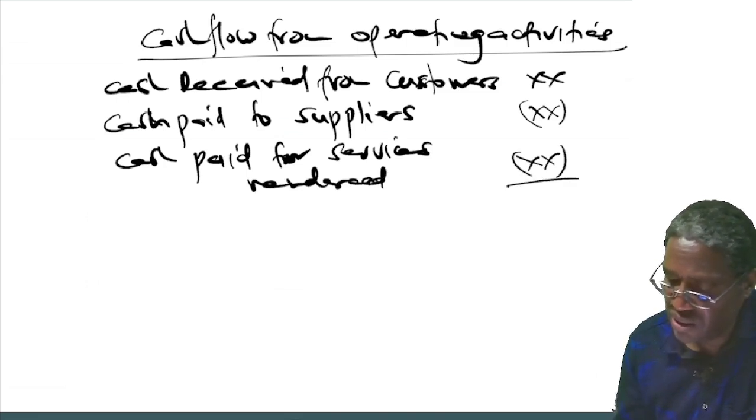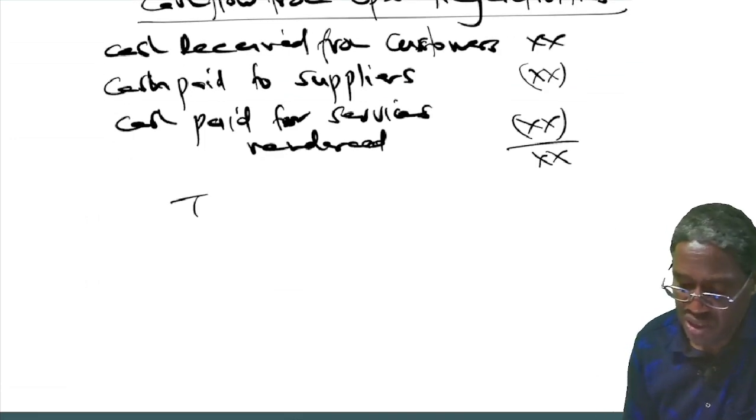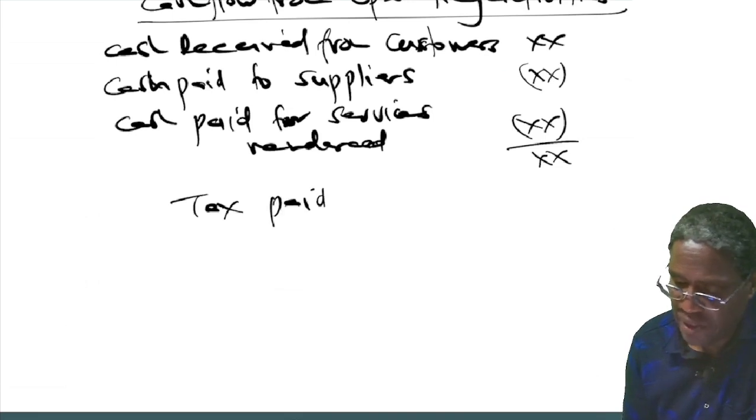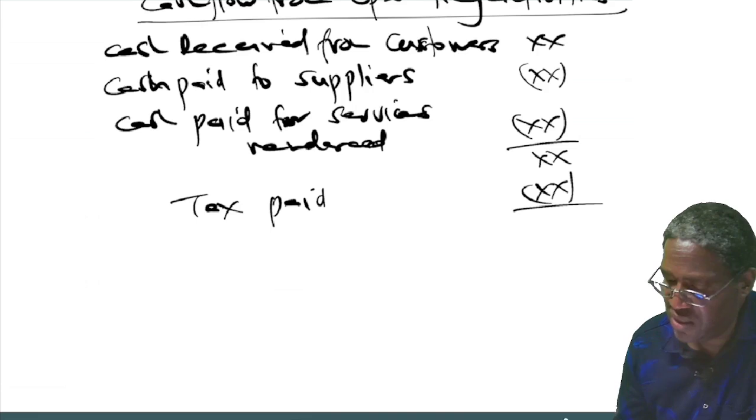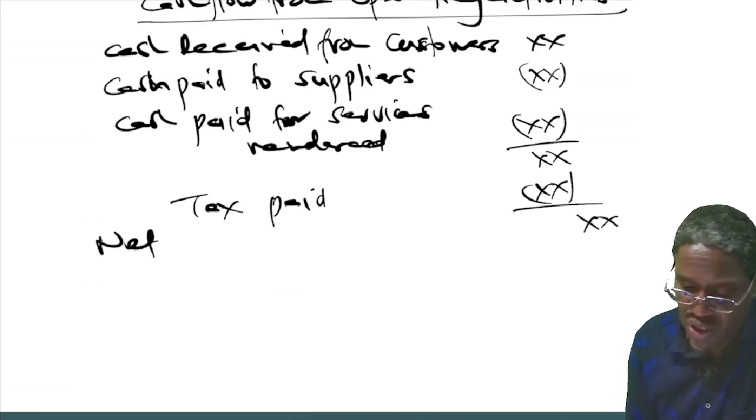Whatever it is, then you can show like you're getting the totals. Then you come and say your tax paid, whatever it is. Then you get the net, push it to the extreme. And that's what we are calling cash flow.